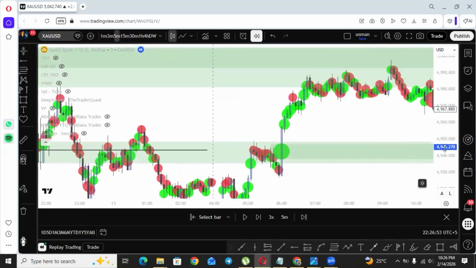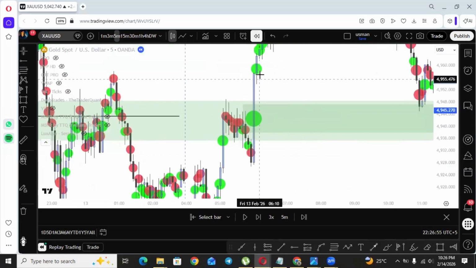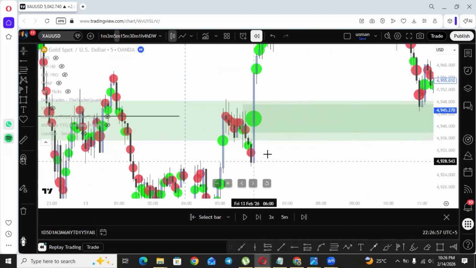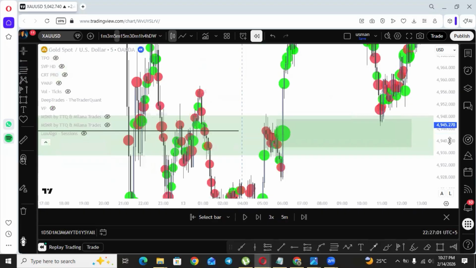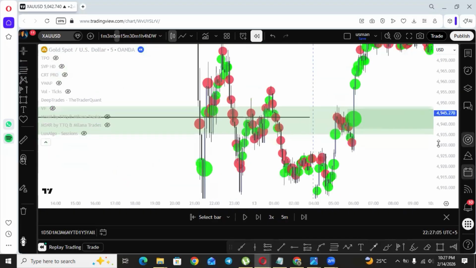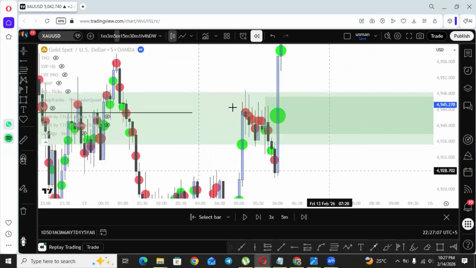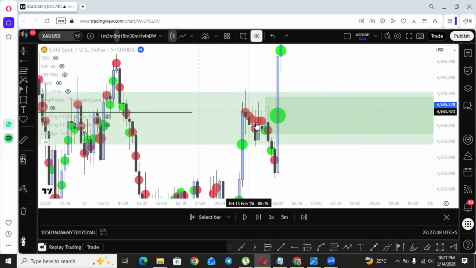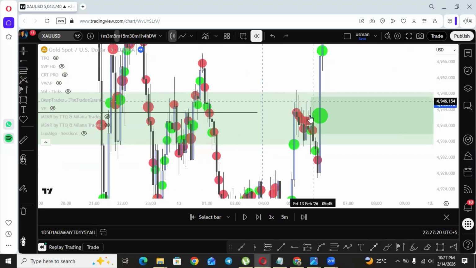Instead of marking all of this candle as your fair value gap, you should understand where the cluster of buyers is. I call this a cluster of buyers because at this area sellers tried to push the market down 1, 2, 3, 4, 5, 6, 7, 8 times, but buyers absorbed them and gave a good buying move and formed this cluster.